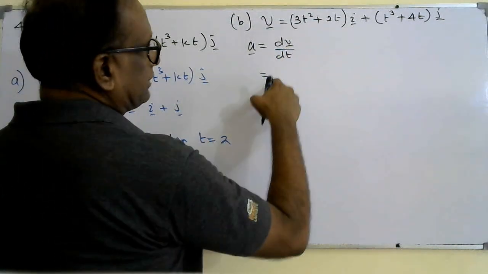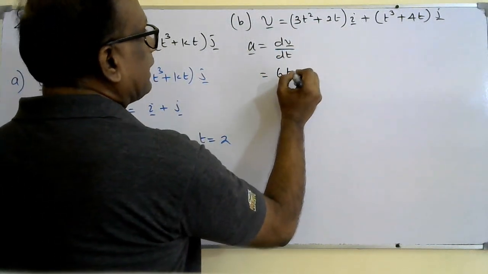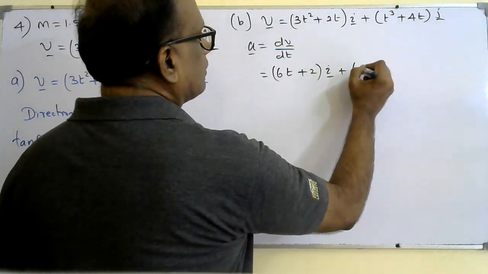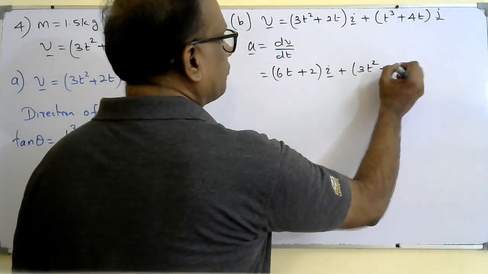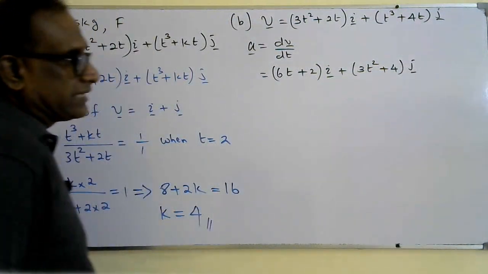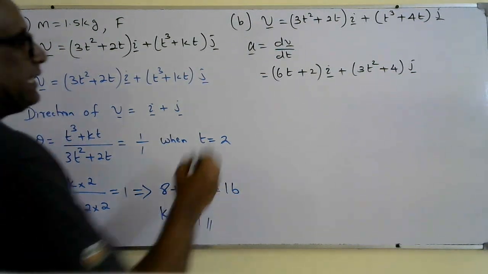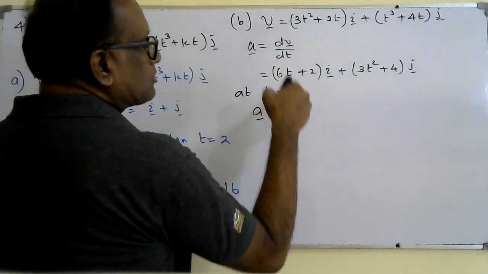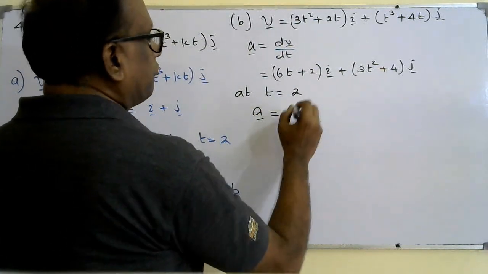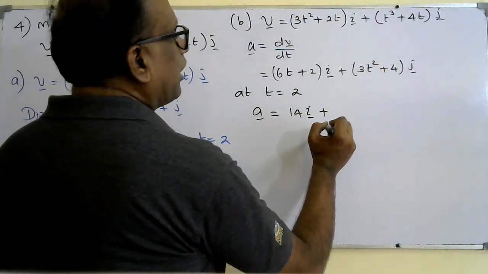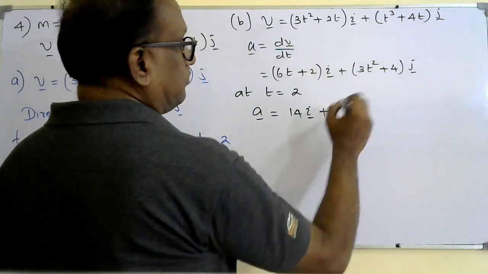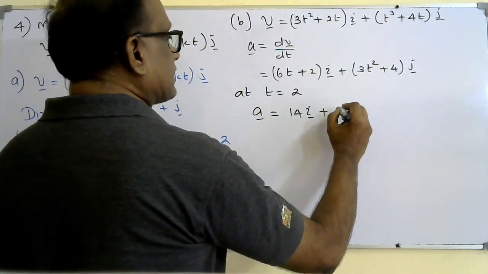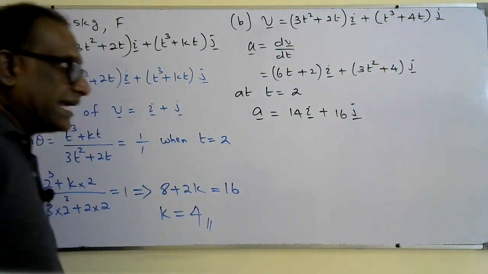Differentiate it, so it's going to be 6t plus 2 i plus 3t squared plus 4 j. This is the acceleration vector. Okay, so at time t equals 2, we substitute 2: 12 plus 2, 14 i, plus 2 squared is 4, 4 into 3, 12, plus 4, 16 j. That's the acceleration vector.